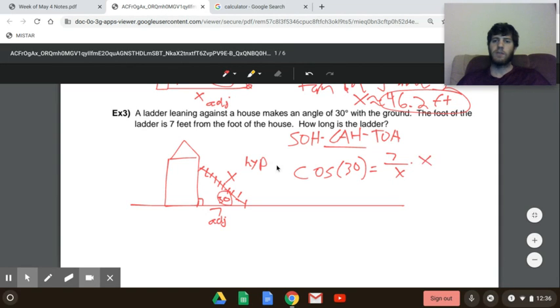Multiply x on both sides. x times cosine of 30 equals 7. Then we can divide both sides by cosine 30. That cancels, and we get x equals approximately 7 divided by cosine of 30.